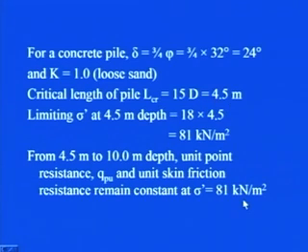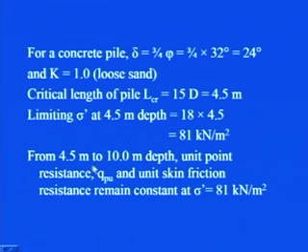From the ground surface till this particular depth of 4.5 meter, the overburden will be increasing linearly, and beyond this depth till 10 meter it will be constant. So limiting sigma prime at 4.5 meter depth will be your unit weight into this depth, which is equal to 81 kilonewton per meter square.